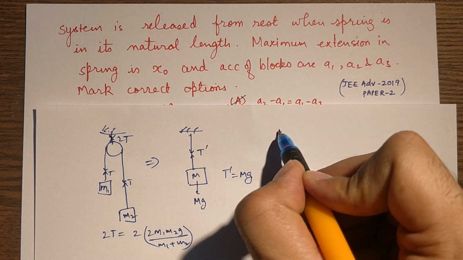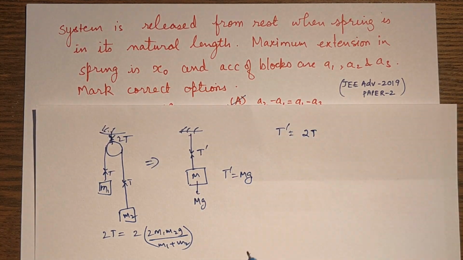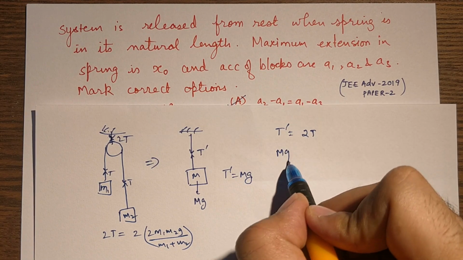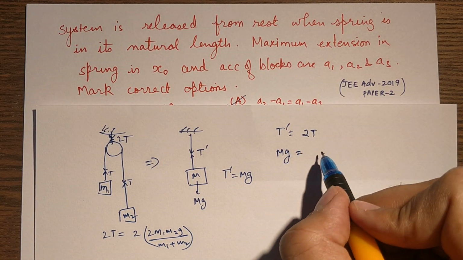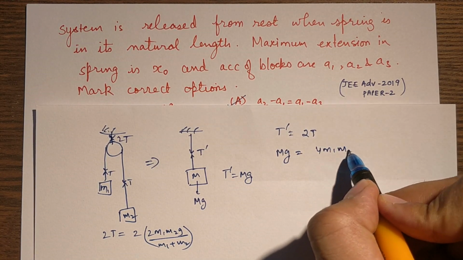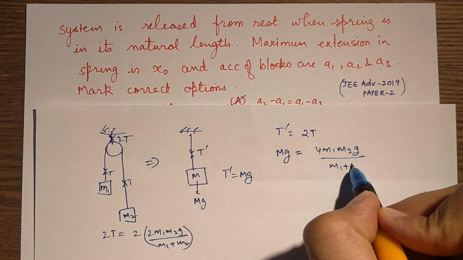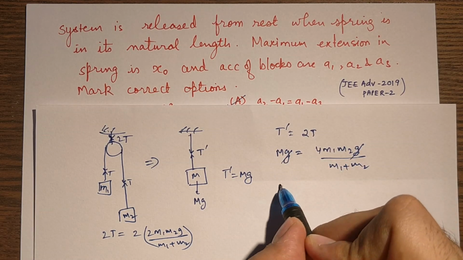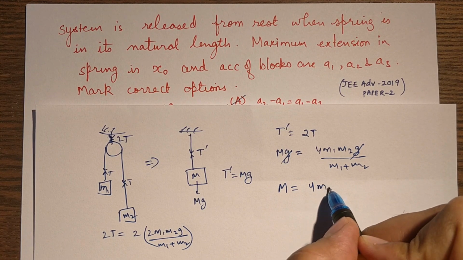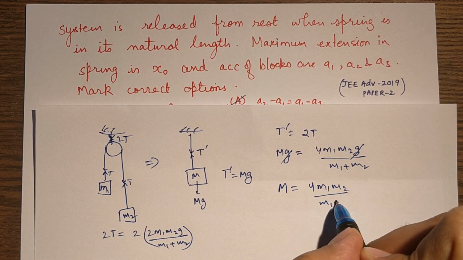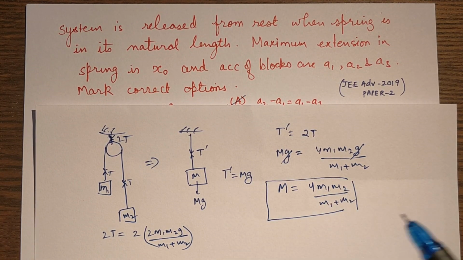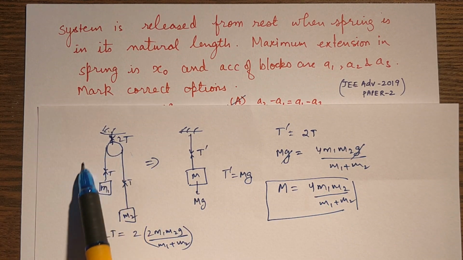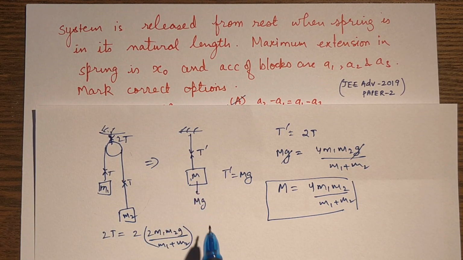So T dash must be equal to 2T. Let's equate it: mg will be equal to 2T, which is 4 m1 m2 g divided by m1 plus m2. g will cancel, so m comes out to be 4 m1 m2 divided by m1 plus m2. This is how I can replace this whole system by a single block and string, and this will be the mass of that single block.